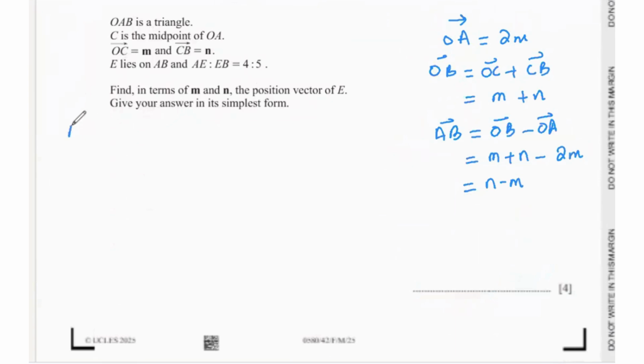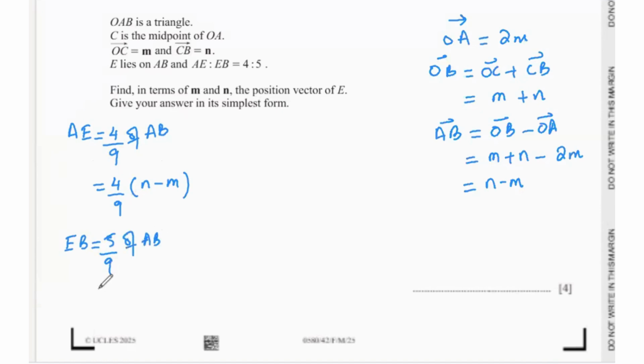So AE is going to be 4/9 of AB. So that's 4/9 times N minus M, and EB is going to be 5/9 of AB. So that's 5/9 times N minus M. These vectors were created based on the given ratio.